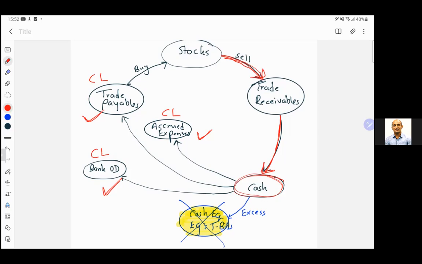If that is the case, you have to be very careful when you calculate liquidity ratios, because these cash equivalents are not available to pay your current liabilities. So that's the learning point. That is the point you should remember when you analyze your cash equivalents.